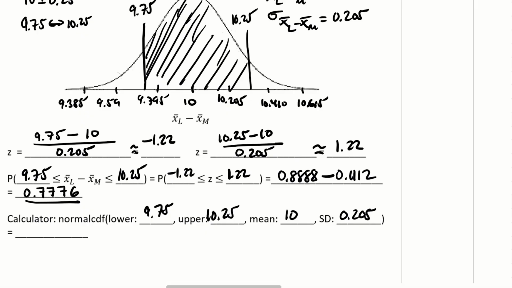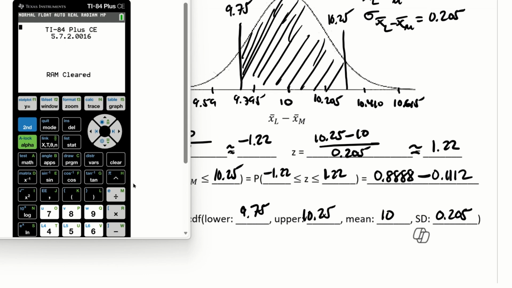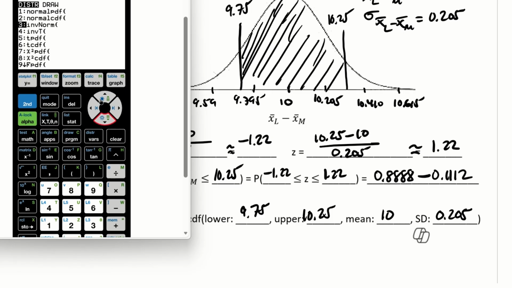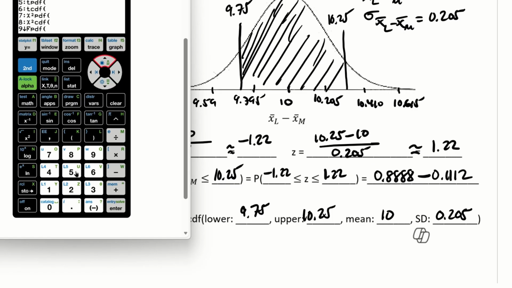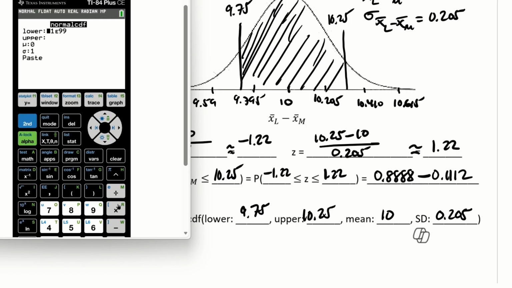So here's the graphing calculator. We hit second and then vars, and go to normalcdf, option number 2. Then we type in the numbers: 9.75 and 10.25.